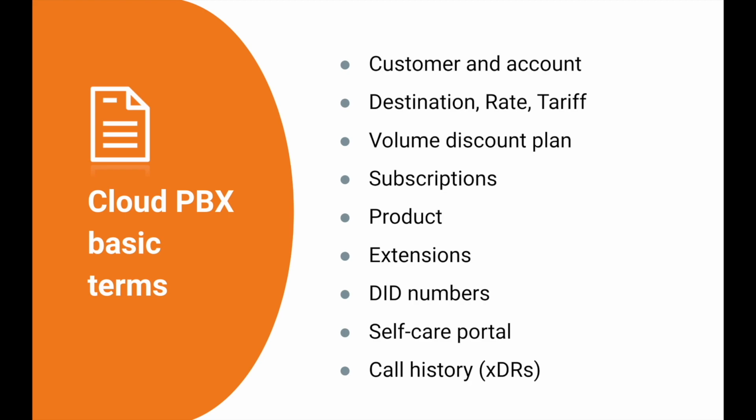After we finished setting up the Cloud PBX service for Super Telecom, we manually onboarded the customer ABC Enterprise, added extensions, assigned DID numbers, and performed fine-tuning of the environment on the Cloud PBX self-care portal. We repeated the onboarding of ABC Enterprise using the Cloud PBX sign-up portal and Cloud PBX onboarding wizard, both of which are available as an add-on subscription.